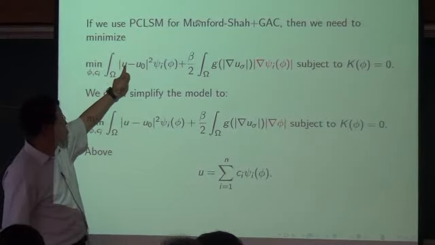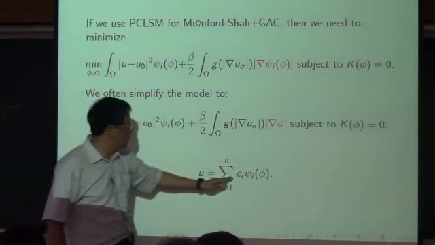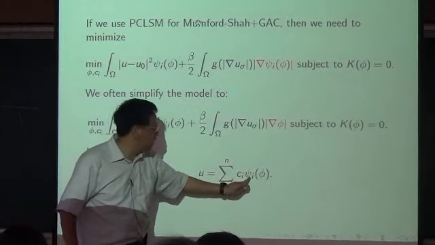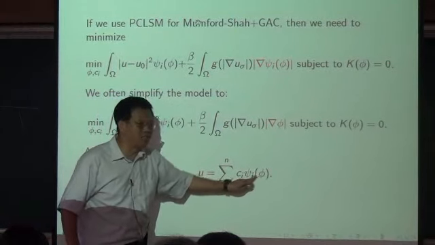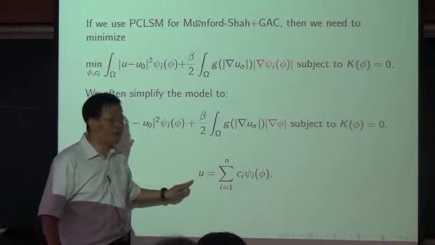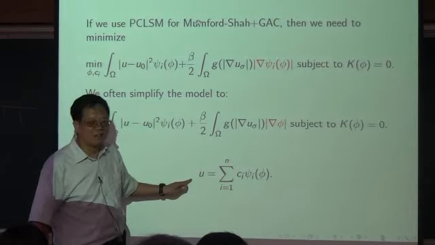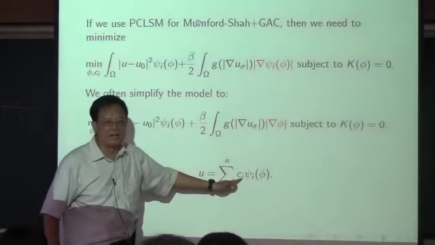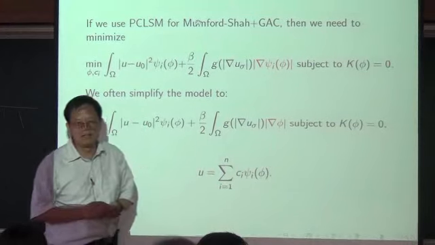Here I write the u function. The u function is equal to Ci multiplied with the characteristic function. So this u function is equal to Ci in omega I, right?